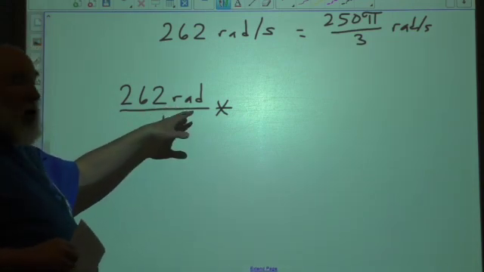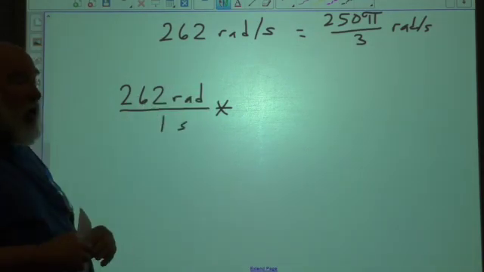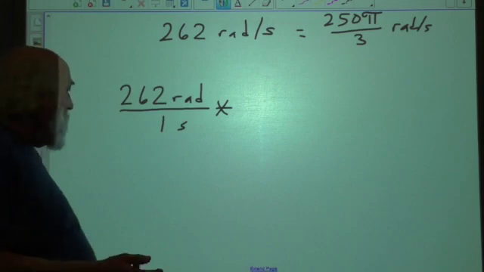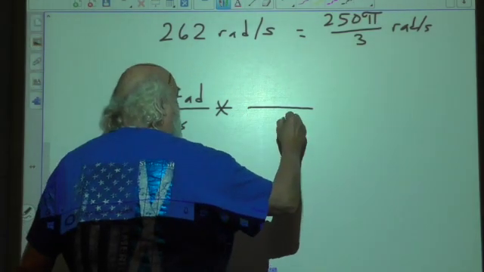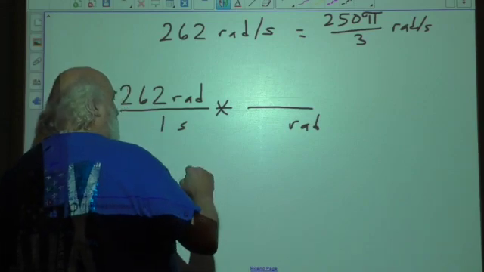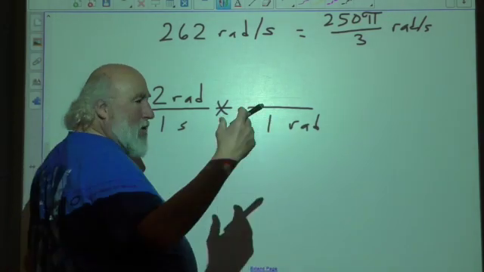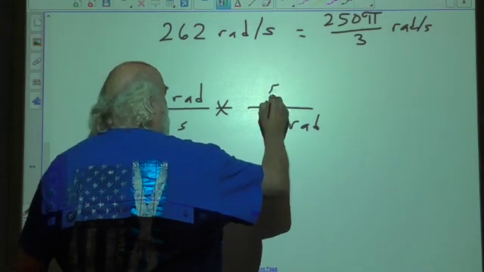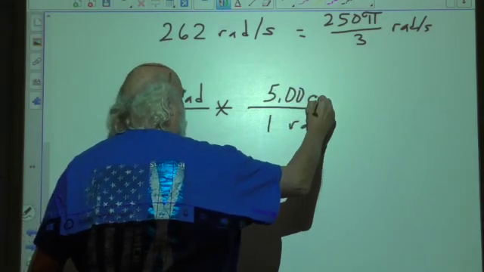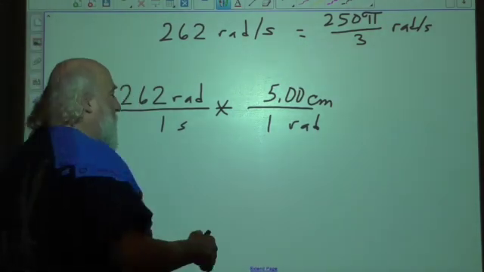Well, diameters don't help us. As you can see the word radian pretty much there, you need the radius for the radian. So the length for 1 radian, instead of being 10 centimeters, is going to be 5.00 centimeters, because the radius is half the diameter.